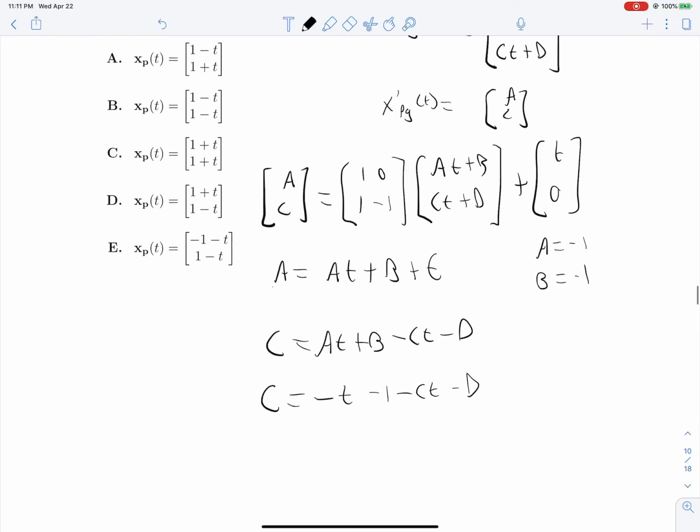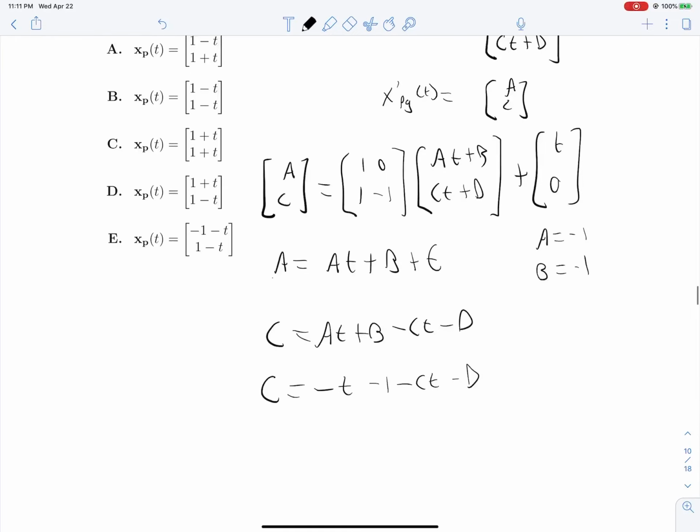Since we have two t components, we can see that c is equal to negative 1. So I'll put that up here: c equals negative 1. As a result, c equals negative 1 minus d, and since c is equal to negative 1, d is equal to 0.